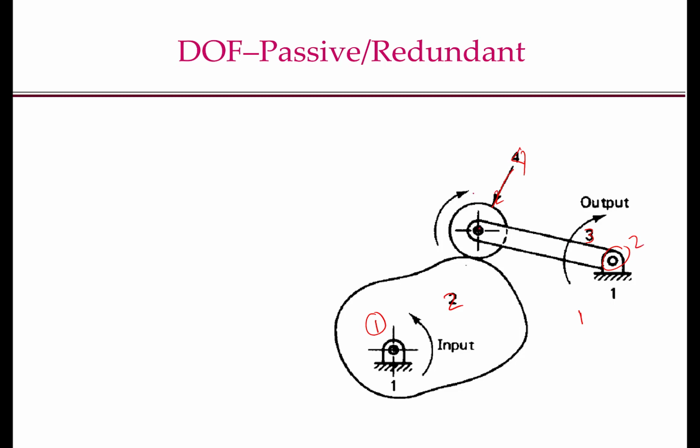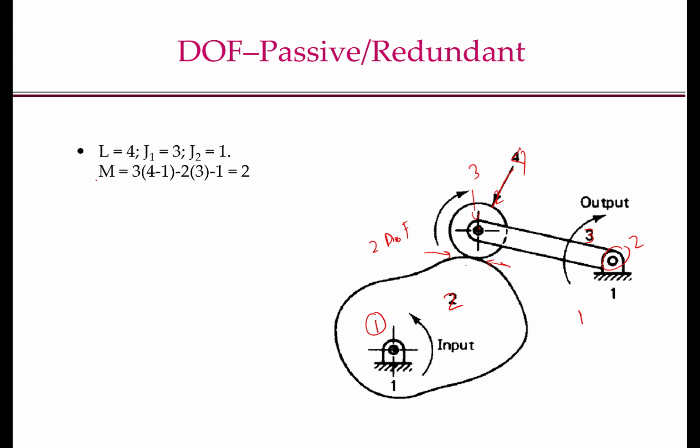There is a third revolute joint here. So that's 3 1 degree of freedom joints. This joint here is a 2 degree of freedom joint because it allows both rolling and sliding. So we have L equal to 4, J1 equal to 3, and J2 equal to 1.